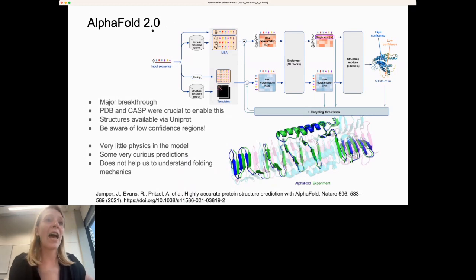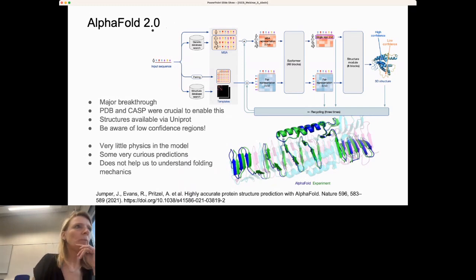So something we haven't been able to do for about 20 years in CASP, in the competition where this was tested. This was really an unsolved problem. Now we actually get quite decent protein structure predictions, specifically for single domain proteins that are quite reliable, and specifically if they're monomers.